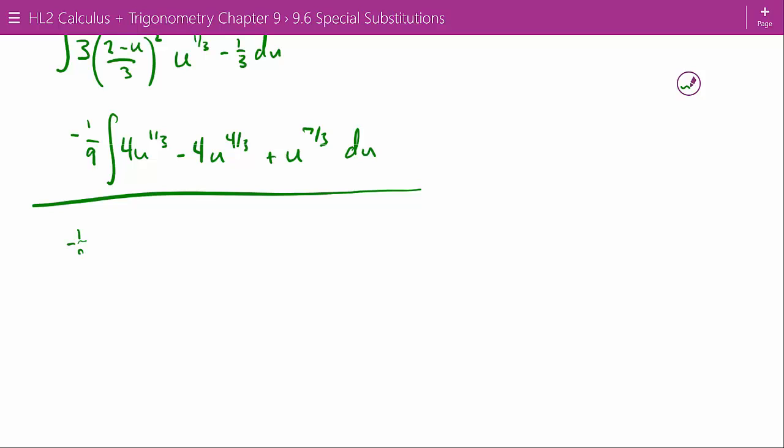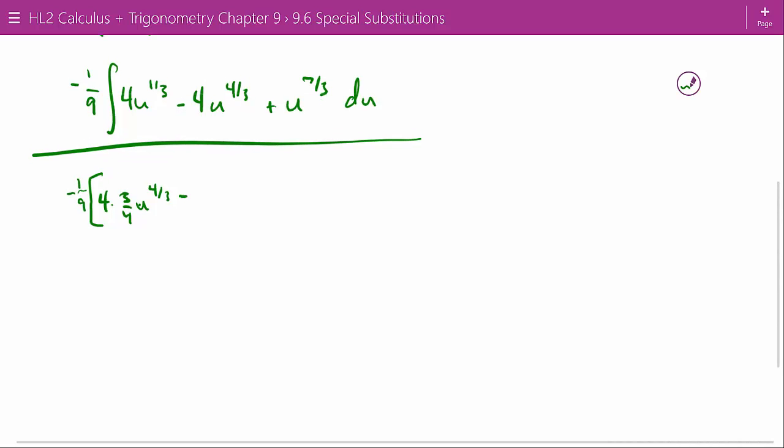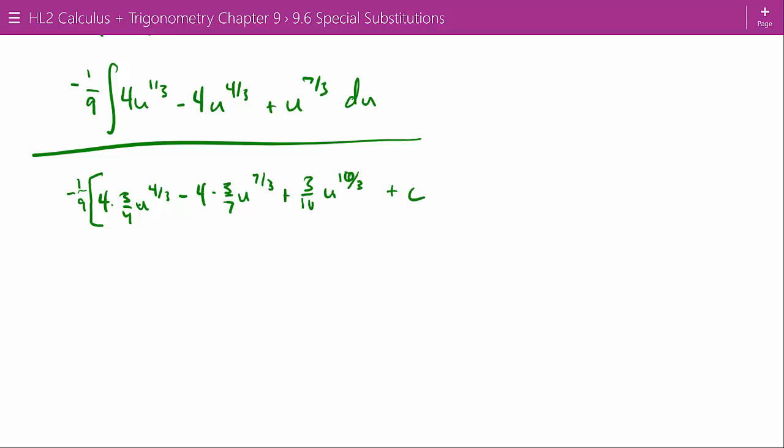We've got negative 1/9 times, now here come the antiderivatives, 4 times 3/4 u to the 4/3 minus 4 times 3/7 u to the 7/3 plus 3/10 u to the 10/3 plus c.